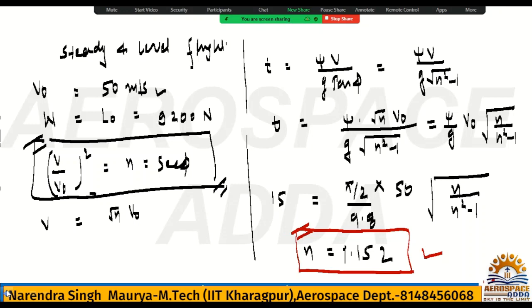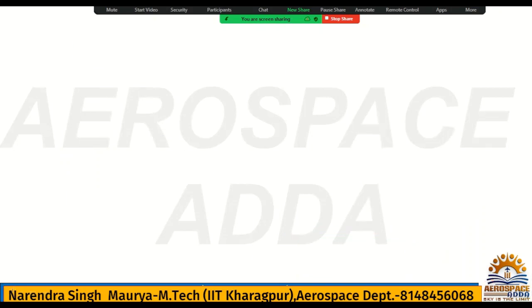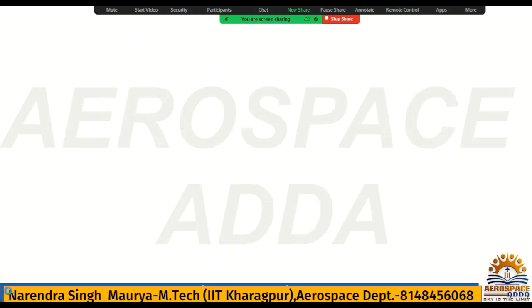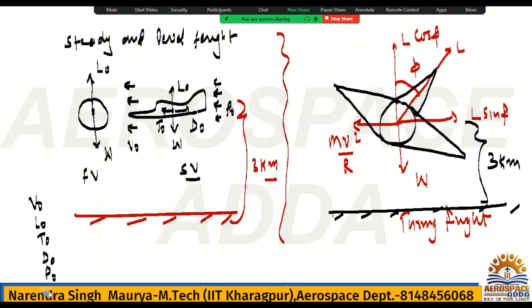If you practice one single problem, then any GATE question you can simply solve. You have to believe this and also solve previous year question papers. Then definitely you will understand the power of this one numerical. In this single numerical, I am calculating everything, so for that reason I am saying you just focus on this problem. It is so lengthy, but it's okay.